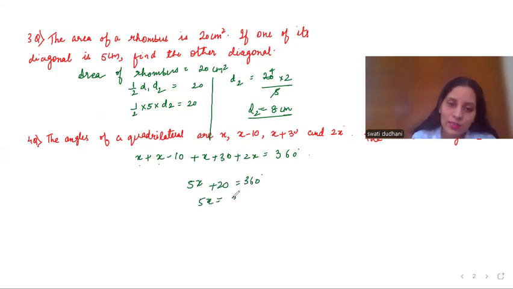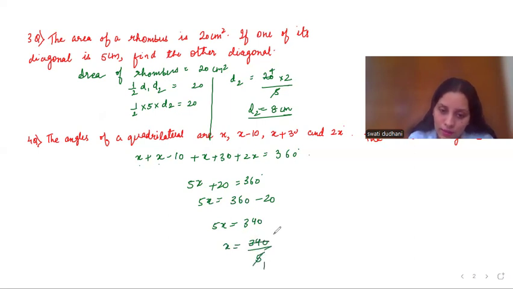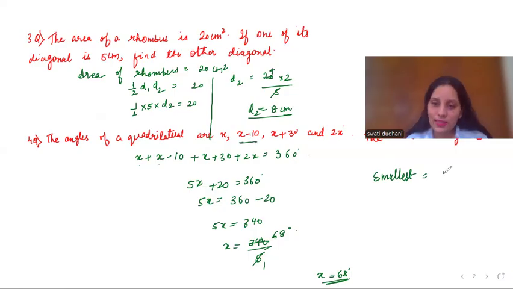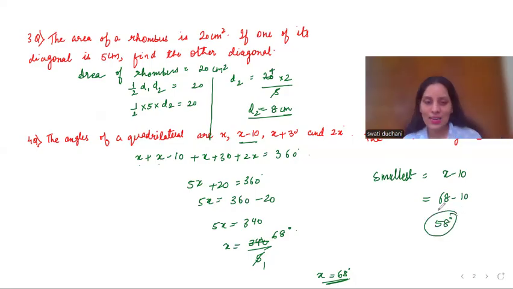So 5x is equal to 360 minus 20. 5x is 340 and x is equal to 340 by 5. So 5 sixes are 30 and 5 eights are 40. So x is 68 degrees. Now you need to find the smallest angle. So what is the smallest angle here? x minus 10, which is 68 minus 10, 58 degrees is your answer.